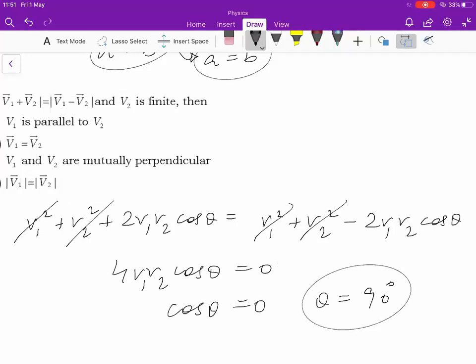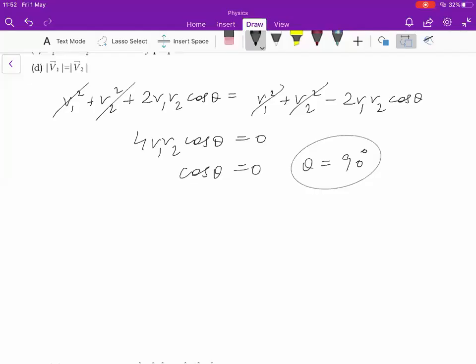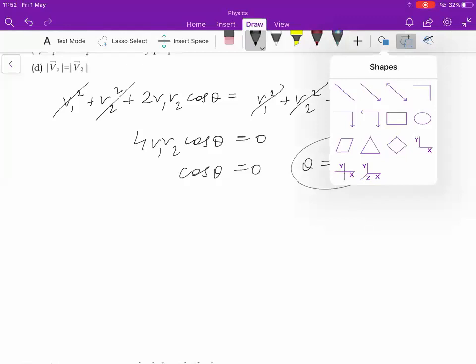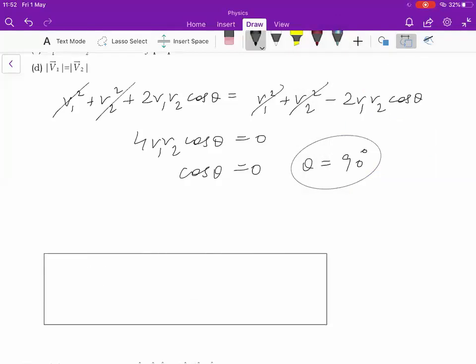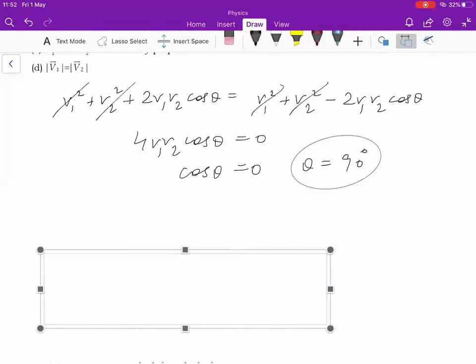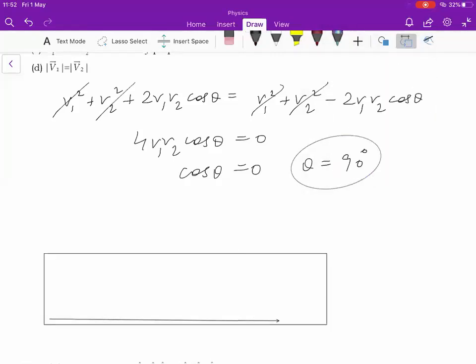Okay, so this question is not from the dot product. The diagonals will be equal, as for a rectangle also the diagonals would be equal. Let's say this is the parallelogram. Your first vector is like this.